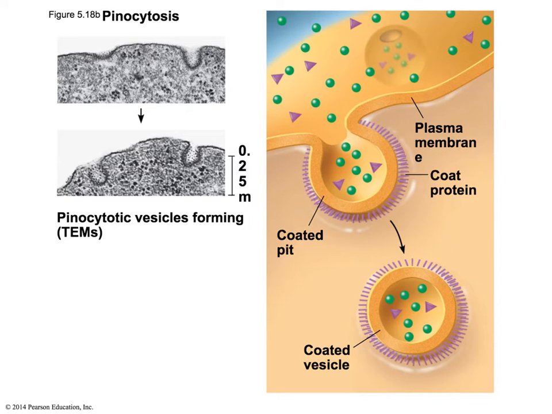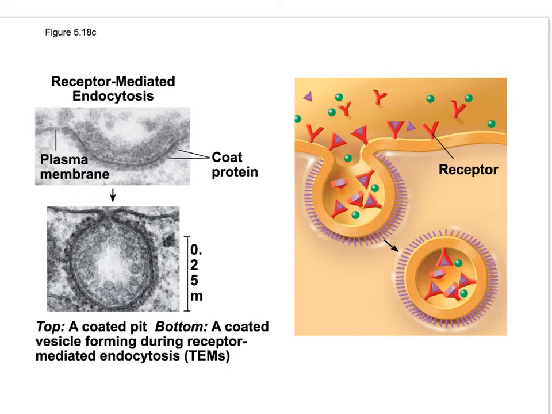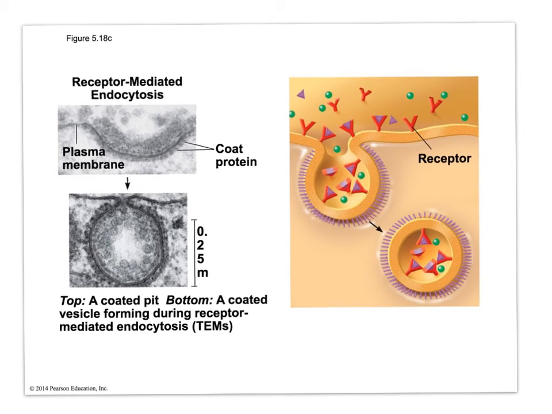And here's pinocytosis. In this case, the cells are forming your vesicles. And last, your receptor-mediated. Receptor-mediated is a little different. You'll see here there's some type of coat proteins.